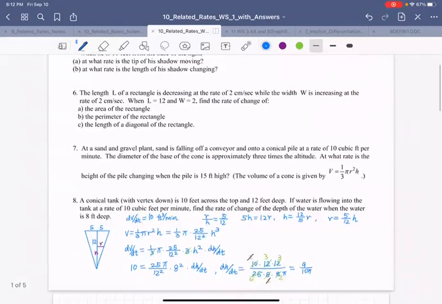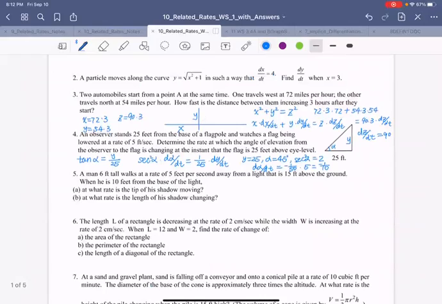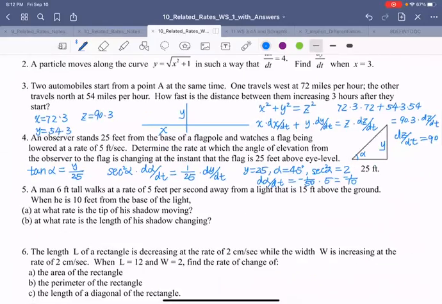Okay, we still have a few minutes. So I'm going to say here, look, they do sometimes ask you this. The guy is standing here. Observe a flag being lowered.